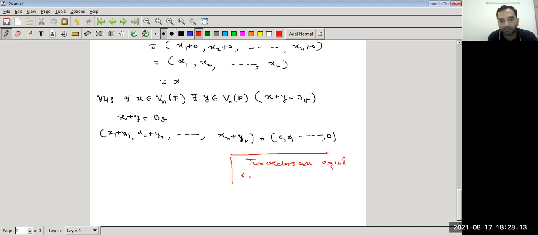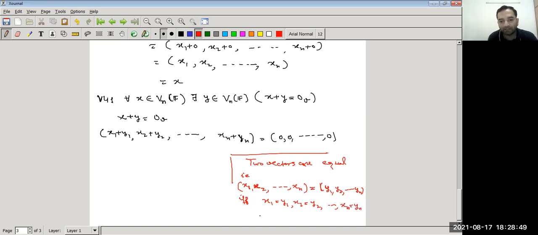That is, (x1, x2, ..., xn) is equal to (y1, y2, ..., yn) if and only if x1 is equal to y1, x2 is equal to y2, and xn is equal to yn.